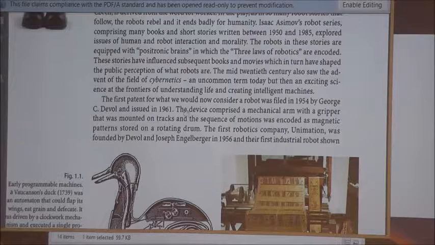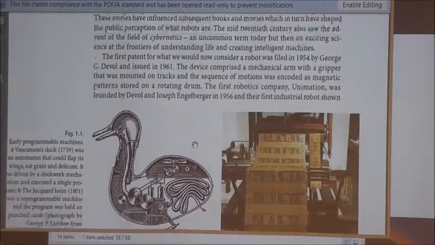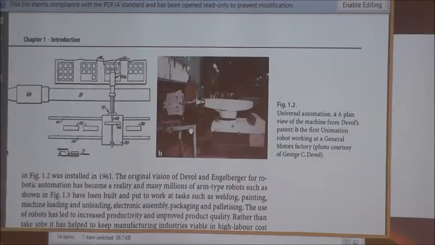Both of them were graduate students in physics at Columbia University. Mr. George Devol passed away many years ago, and Dr. Engelberger, Joseph Engelberger, unfortunately passed on December 1st, 2015, at the age of 90.